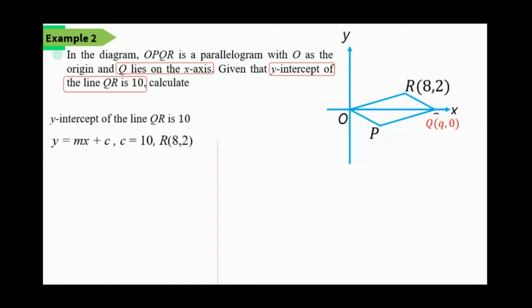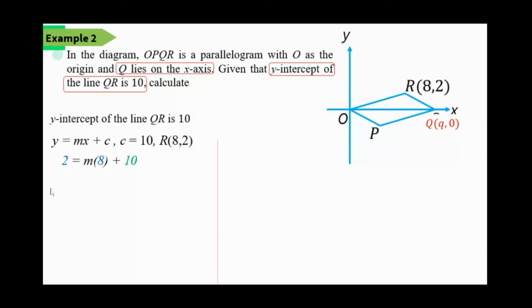Okay, here we can get, after we substitute c equal 10 and point R, x equal 8 and y equal to 2, so 2 equal to 8m plus 10.